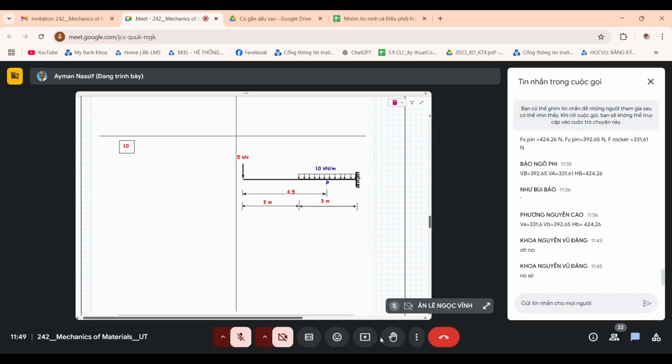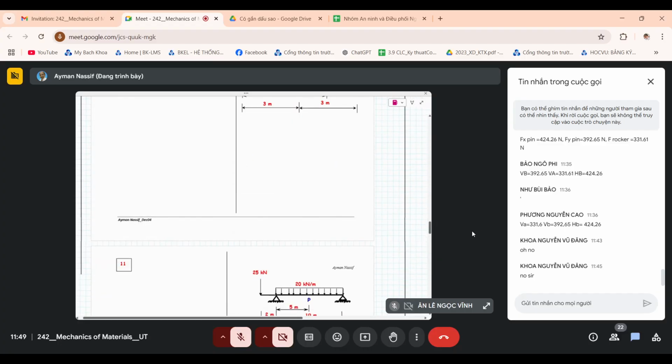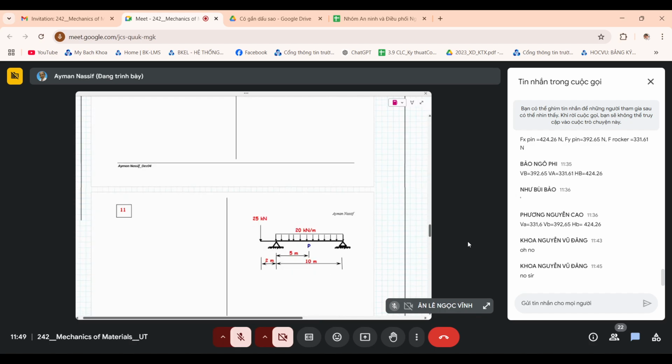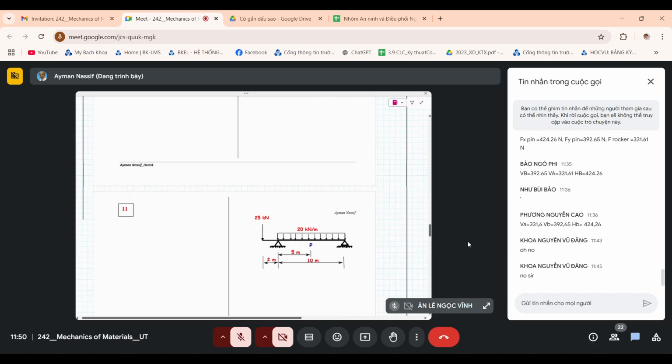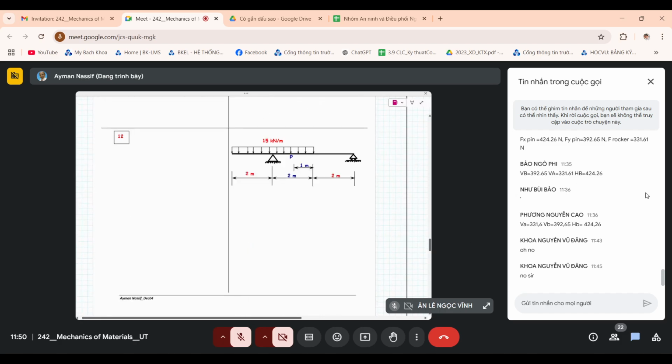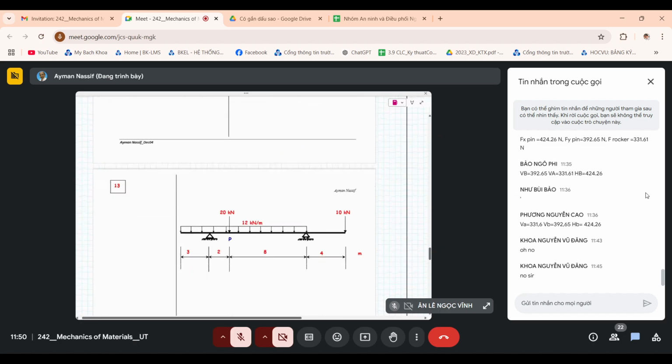If anyone doesn't have these problems, please shout, and I will give you a chance to take a screenshot or a snip of any of these problems. Otherwise, I will say goodbye to you. So you have a record of all these problems.